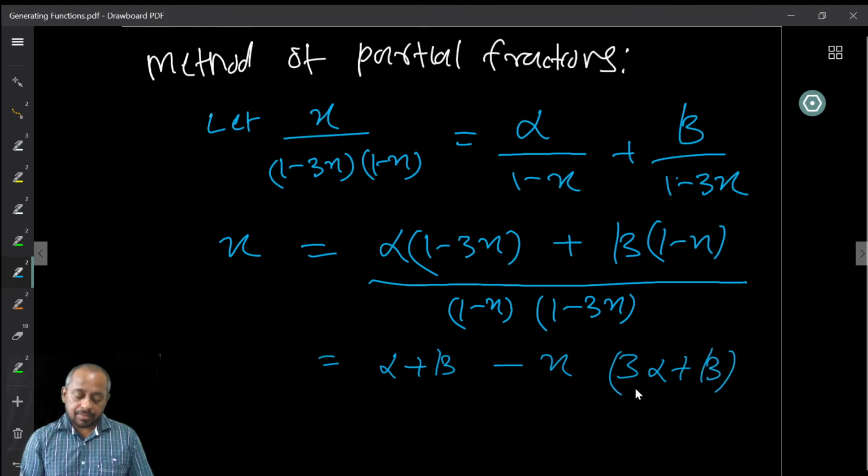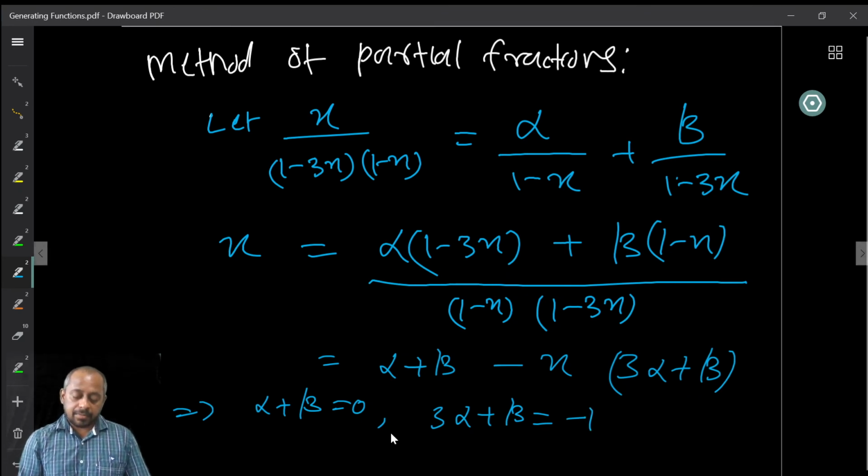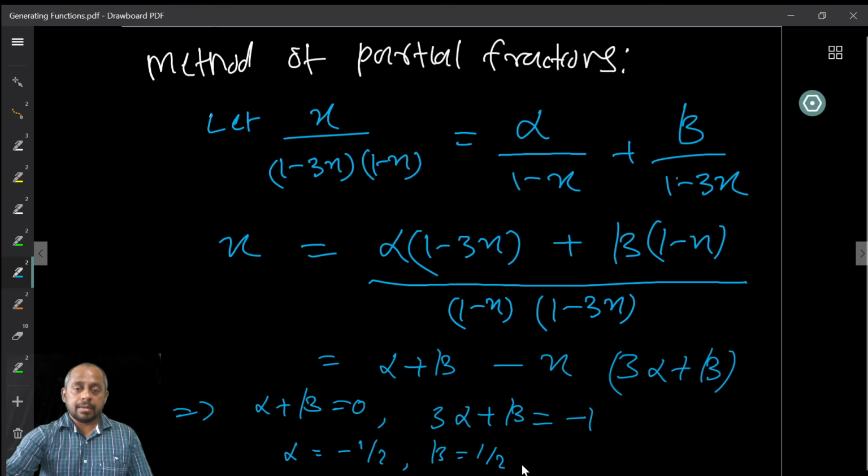Therefore, comparing the coefficients on both sides, alpha plus beta is equal to 0, and 3 alpha plus beta is equal to minus 1. So 3 alpha minus alpha, which is 2 alpha, is equal to minus 1, so alpha is equal to minus 1 by 2, and therefore beta is equal to 1 by 2. So we get alpha and beta.